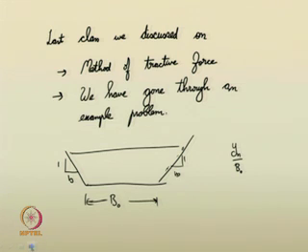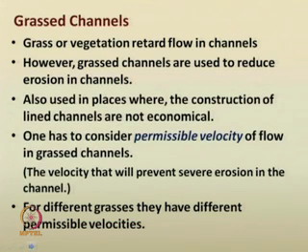Now, in this class, we will just briefly go through the grass channels. So, usually grass or vegetation will retard the flow in the channels; because of the growth of the vegetation, it can drastically retard the flow of the water.